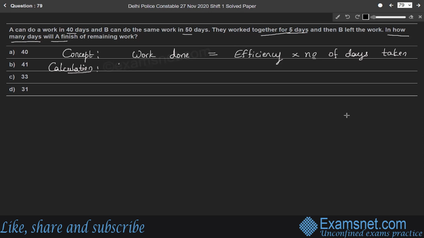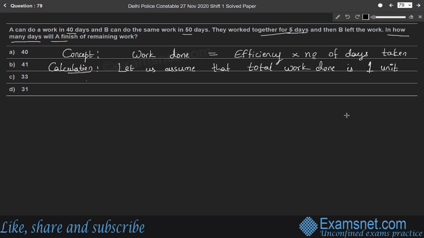So let us assume total work done is 1 unit. So it may be 1 joule, 1 kilojoule, or 1 megajoule, or anything. So let it be 1 unit.